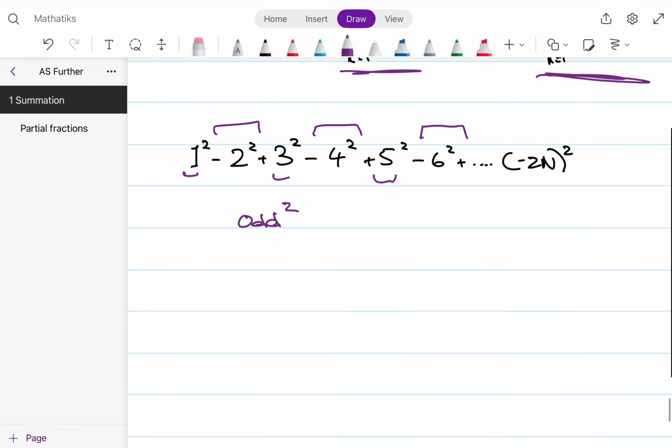Now, to solve this, you can do odd number squared minus even number squared, which is the sum. I feel like I'm not explaining this that well, but I'm going to upload a video solving more of these questions and hopefully it'll make more sense then.